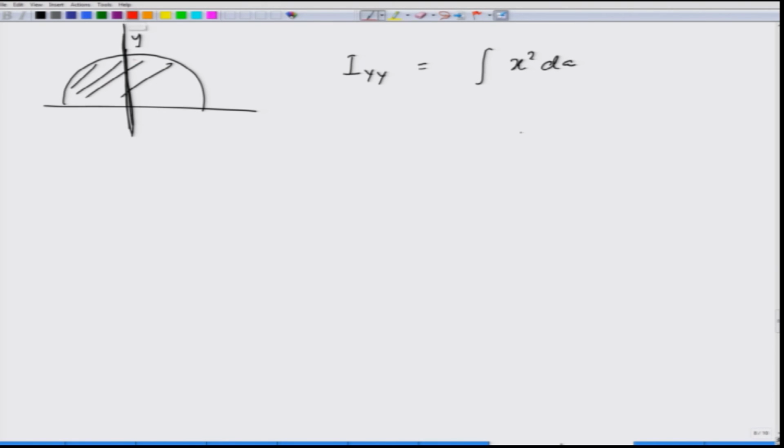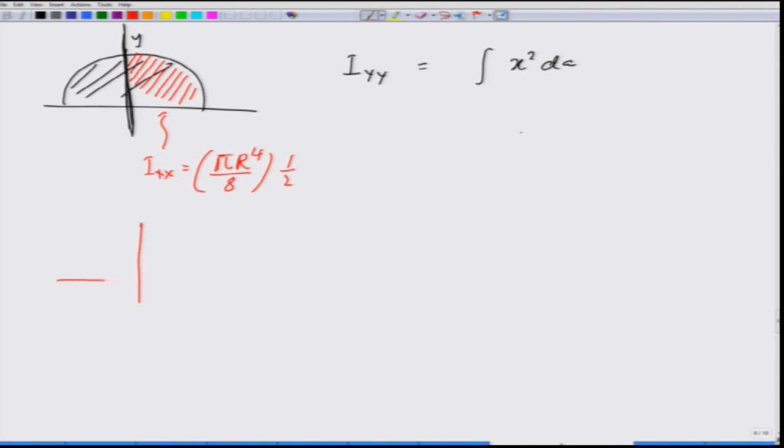I would immediately use a trick that half of the whole thing, half of the semicircle, has moment of inertia equal to pi r raised to 4 over 8, 1/2 of it, and so does the other one.